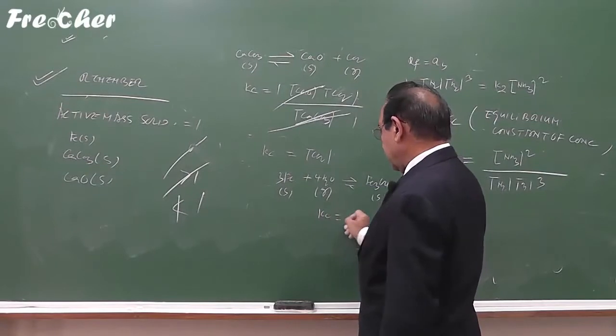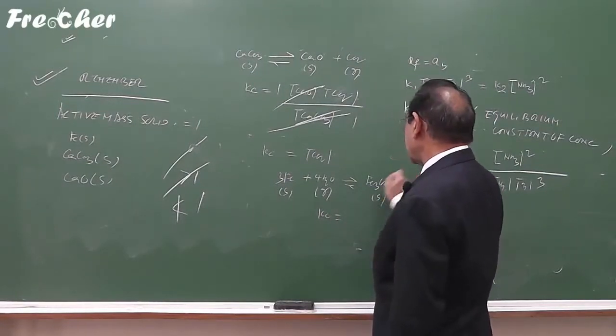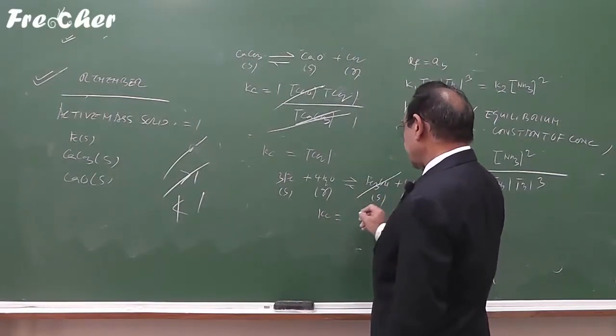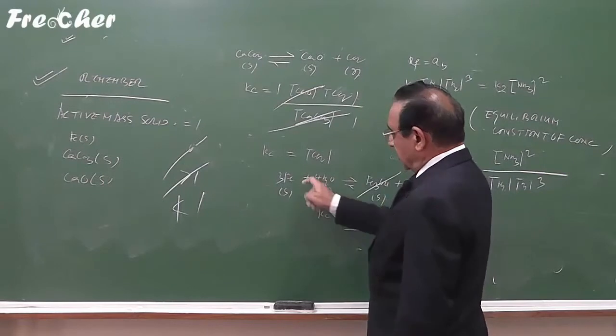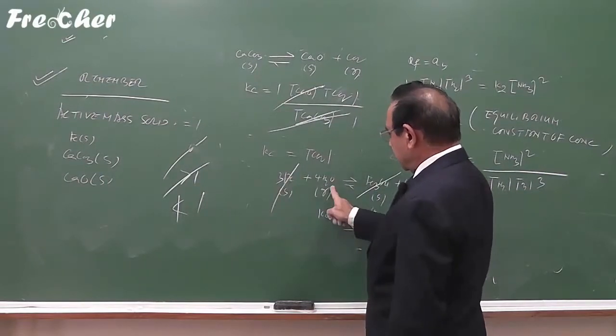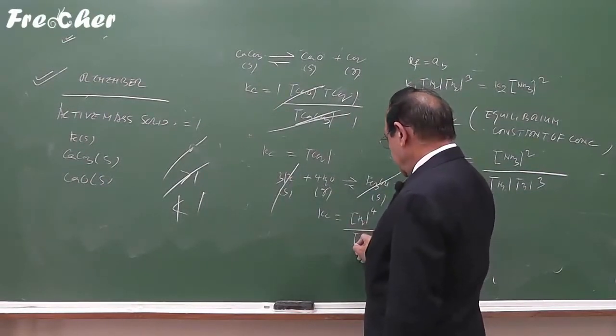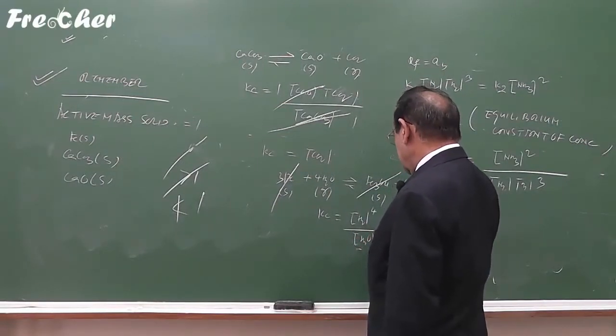So be careful. The solids are not to be taken. Take this H2, stoichiometrically power 4. This is solid, not to be taken. This is water in gas form. Take this.